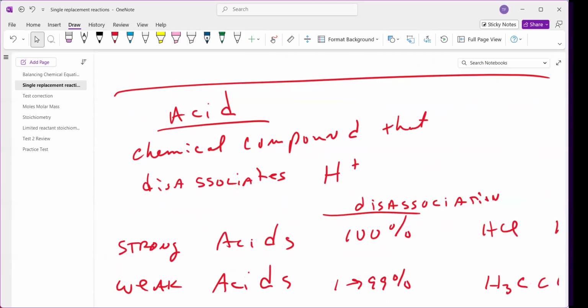If any of them dissociate, it's an acid, regardless of how many don't. For example, fatty acid. Most common fatty acids are 18 carbons long. Every carbon, remember, on the end is going to have 3 and in the middle is going to have 2.